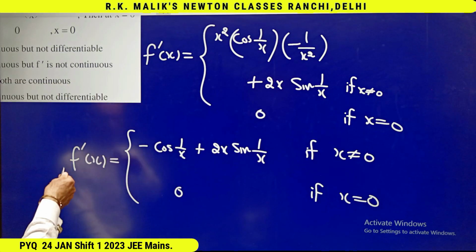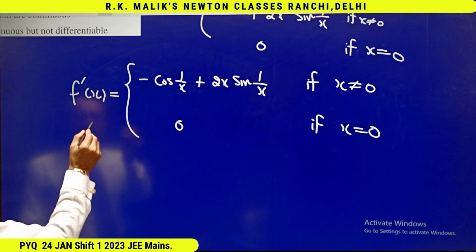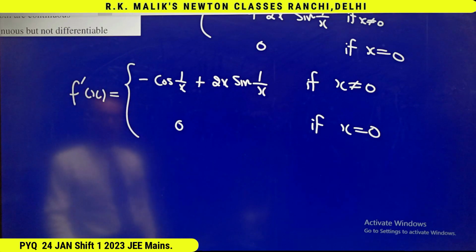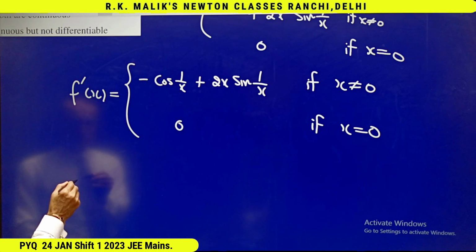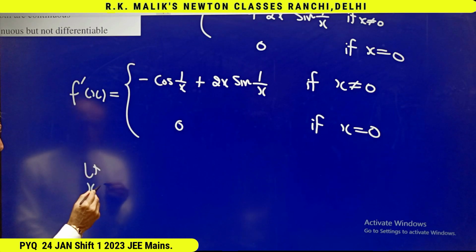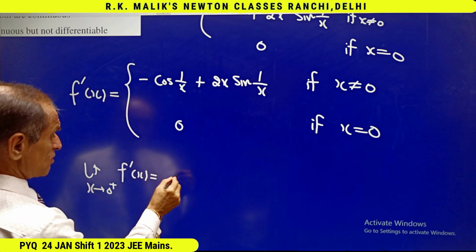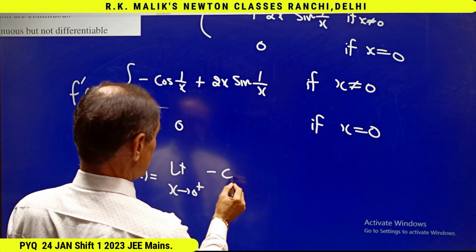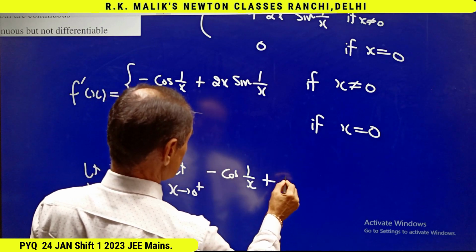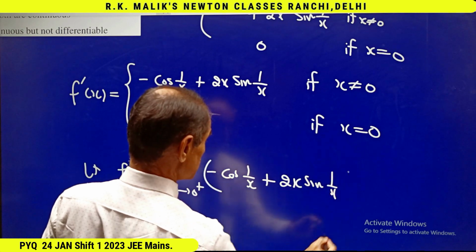And it is clear that f dash x is not continuous at x equal to 0, because if I want to check the continuity of f dash x at x equal to 0, first I will require the right hand limit, that is limit x tends to 0 plus of f dash x, which is minus cos 1 by x plus 2x sine 1 by x.